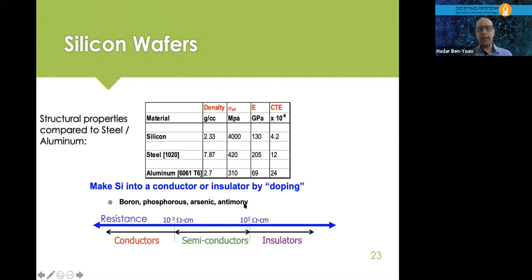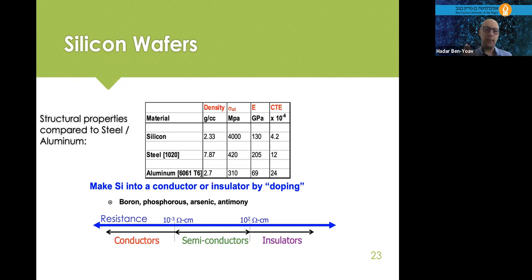The good thing about silicon is that by doping, or basically inserting or tunneling different types of ions, such as boron, phosphorus, arsenic, antimony, into the structure of the silicon, what you cause is a contamination.